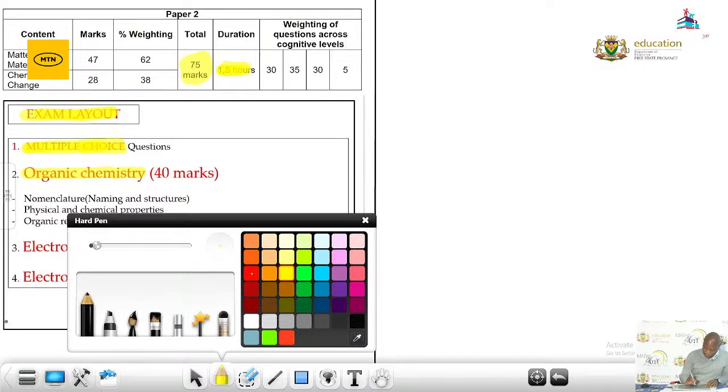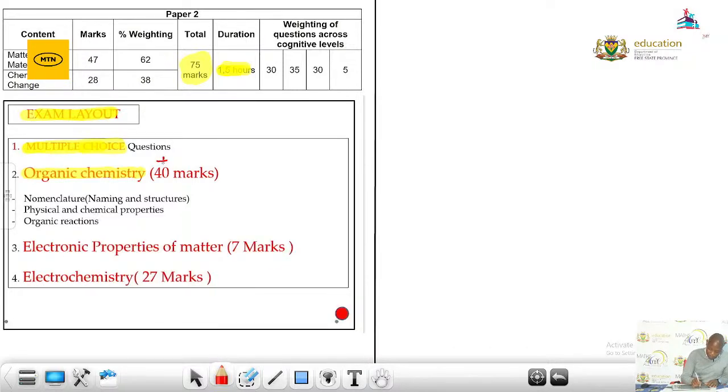When it is plus minus 40 marks, it is important for us to look into it, because the marks allocated to organic chemistry contribute almost half of the paper. So when we sit down over this weekend trying to prepare, our key critical focus should be on the organic chemistry.